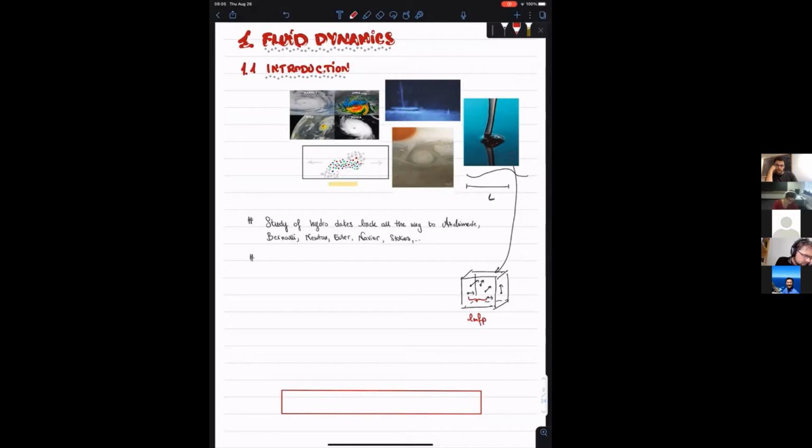The mean free path is the space spent between two different collisions of the microscopic particles. If L is much bigger than this mean free path, we can neglect all the microscopic constituents inside this fluid element, and we can consider the fluid as a whole. So we can consider this whole volume element as a single fluid element.